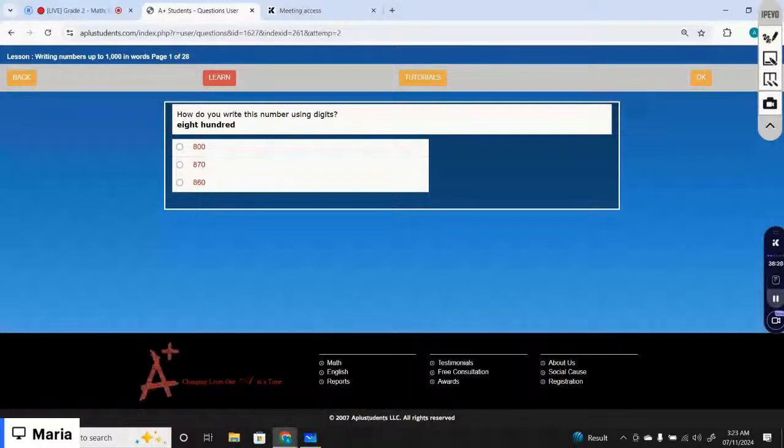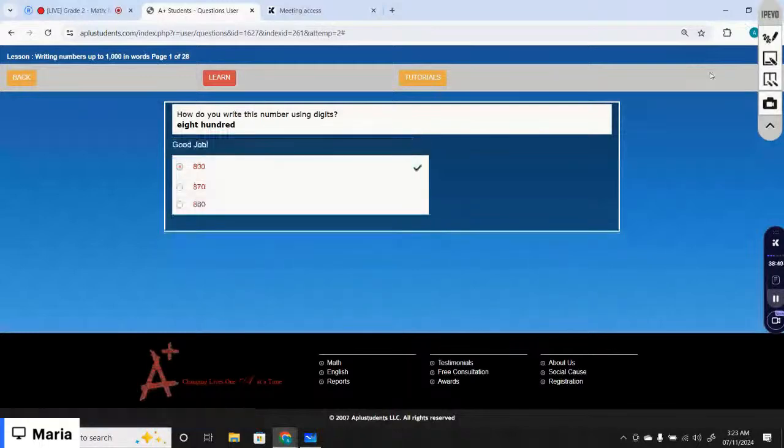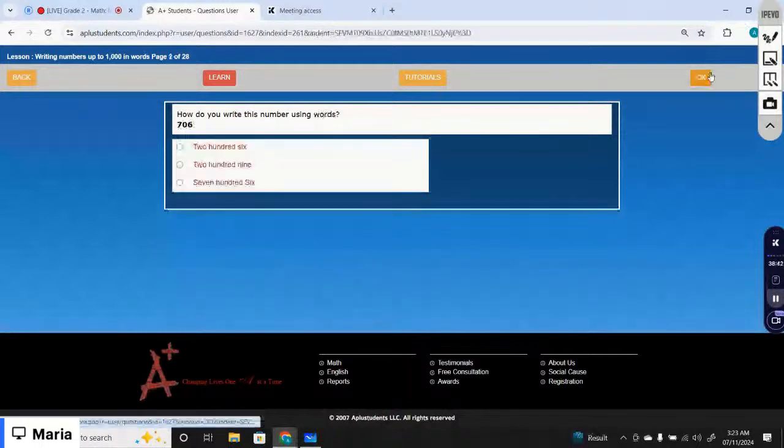That is option number one, 800. Option number one is the correct option. That's how you write 800. You need to add 8 at the hundreds place and the rest of the digits are 0. So that is 800. How do you write the number using words, 706? So how do you write?